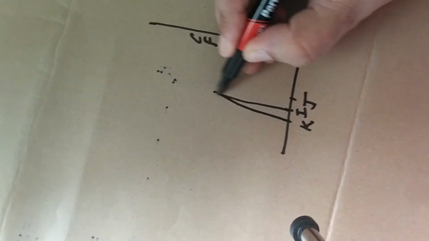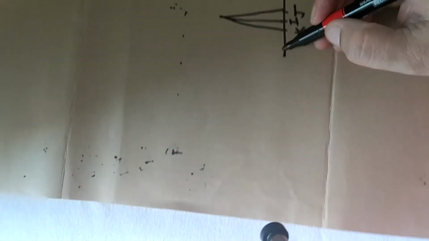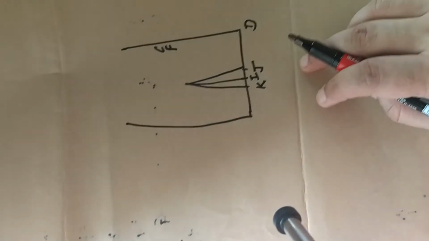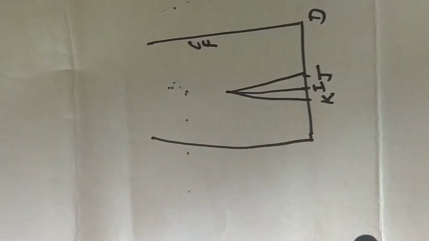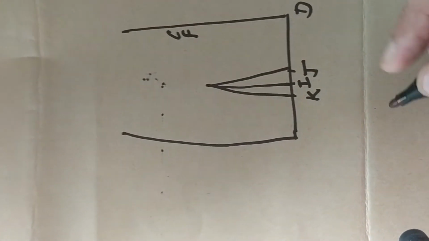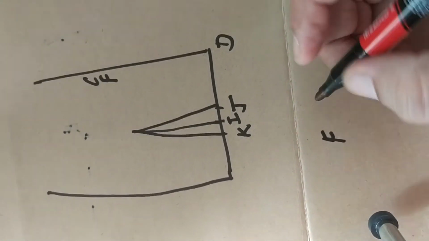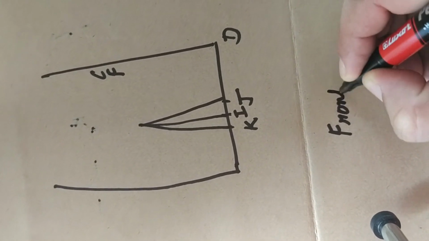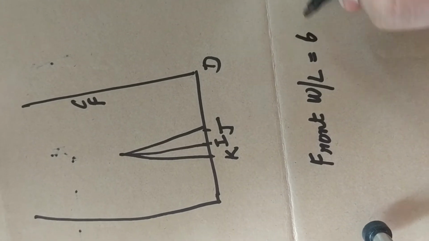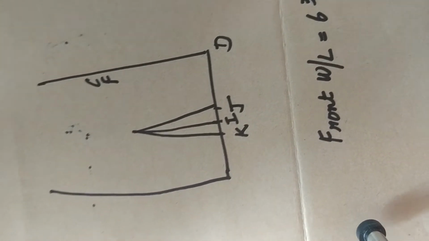Okay, so this is what I have done, and my block is, this is the width. Okay, so what we need to do now is we need to mark the waist. Front waistline measurement for a size 34 is 3/4 inches.